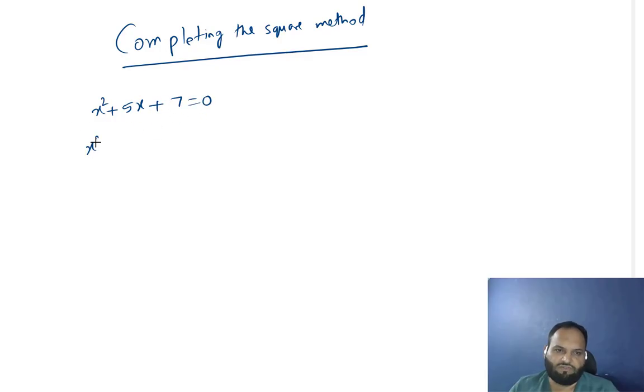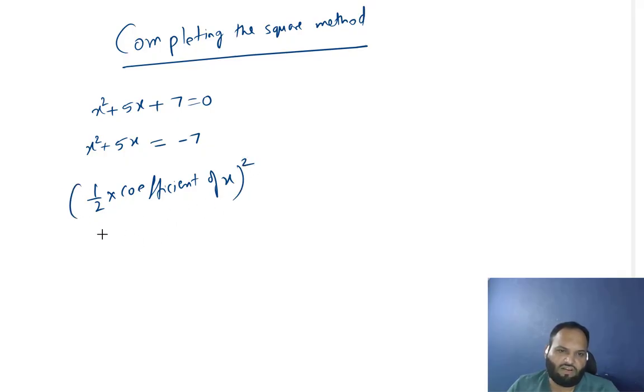So what I will do is I will take the x square and 5x here and the 7 I will put on the other side. And now I will check whether the x square coefficient is 1. Now here it is already 1, so I don't have to divide, otherwise I have to divide and make it 1. Then the formula is half into coefficient of x whole square.